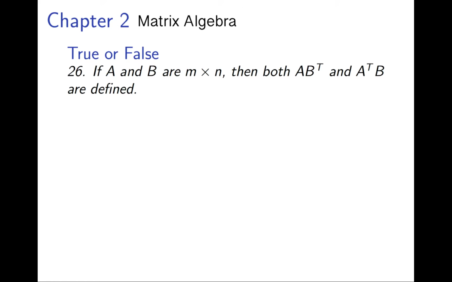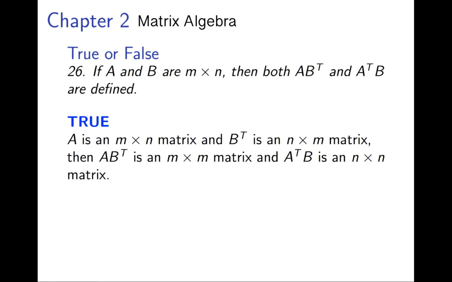Number 26. If A and B are both m by n, then both AB transpose and A transpose B are defined. And that's true, and this is not that hard to check. A is an m by n matrix, and B transpose is an n by m matrix.